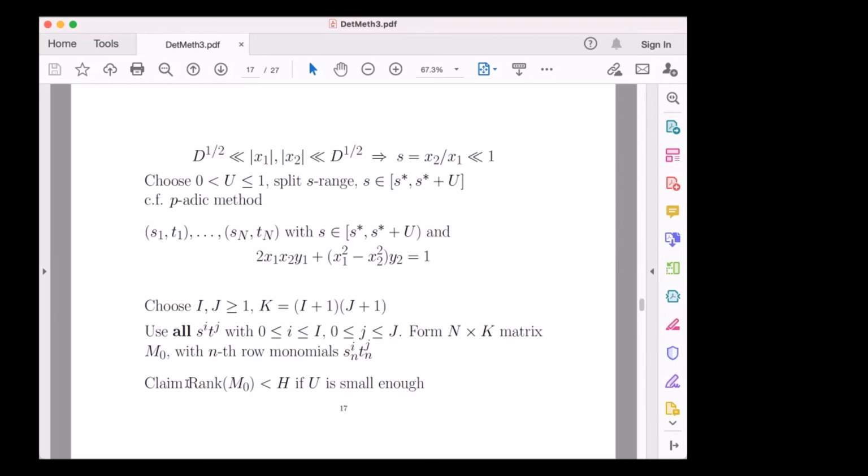And as before, we claim that the rank of M0 is going to be strictly less than K, sorry, strictly less than K if the interval length here is chosen small enough. So that corresponds to the claim that the rank of the matrix in the p-adic version is strictly smaller than the number of columns if the prime is large enough.